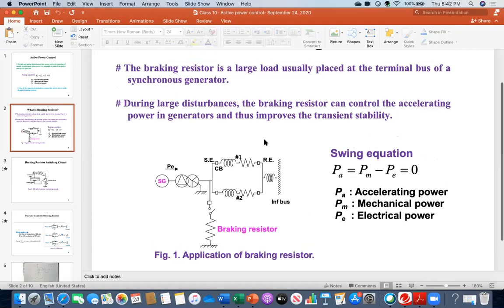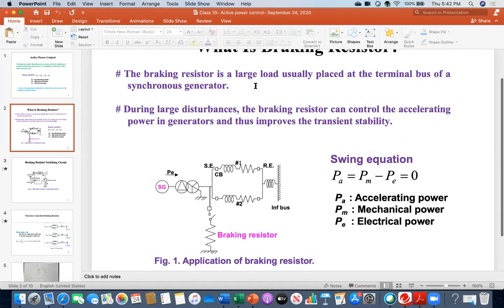That's why the braking resistor is a large load, usually placed at the terminal bus of a synchronous generator. And what it does, during large disturbances, the braking resistor can control the accelerating power in the generator and thus improve the transient stability. Accelerating power means when P goes low, we are assuming Pm is constant, so Pa has a positive value.